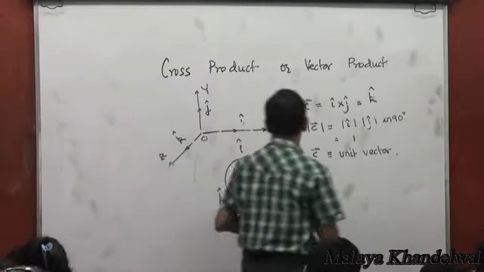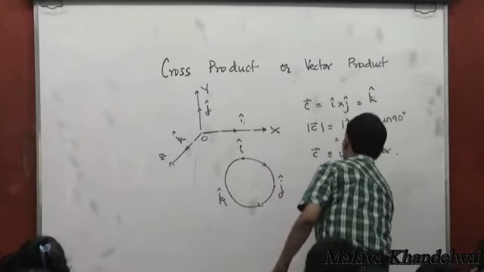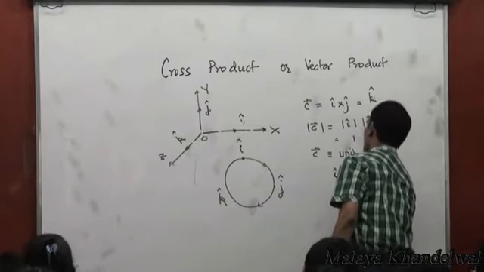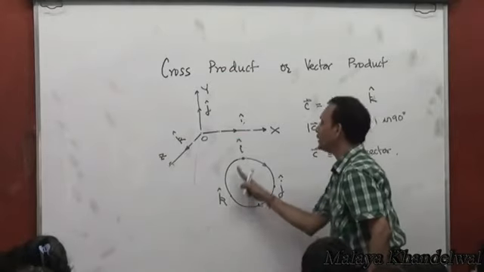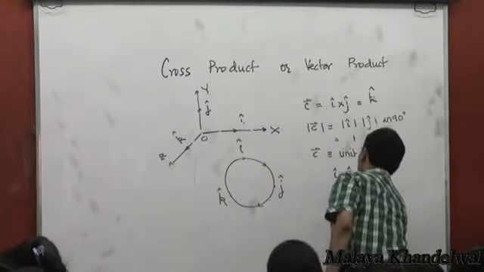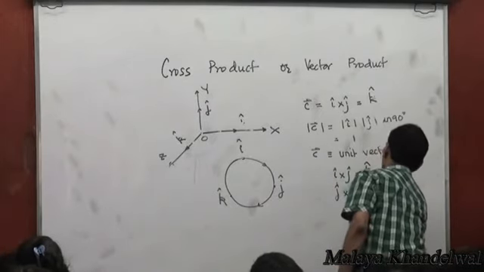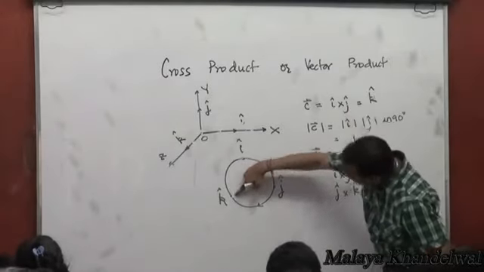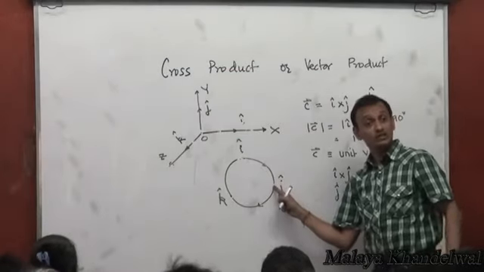And then it will turn out that i cross j will be k, and j cross k will be i, see, this cross this will give me this, and then k cross i will give me j.